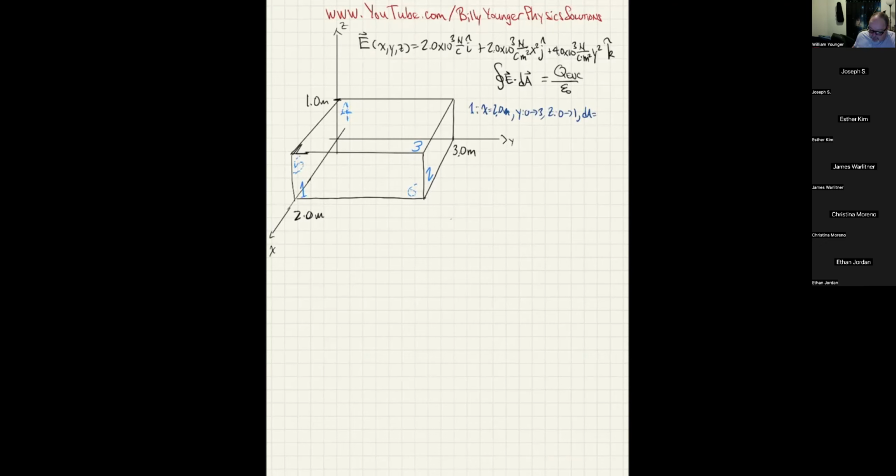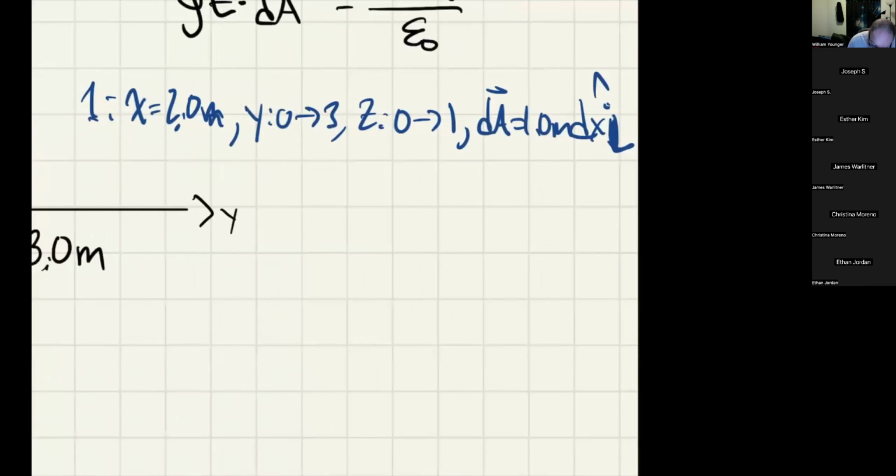So what I'm going to do is say dA is actually equal to, since it's 1 meter tall, 1.0 meters dx I hat. That's supposed to be an I hat, like that. Let me write that below because that got way too small.